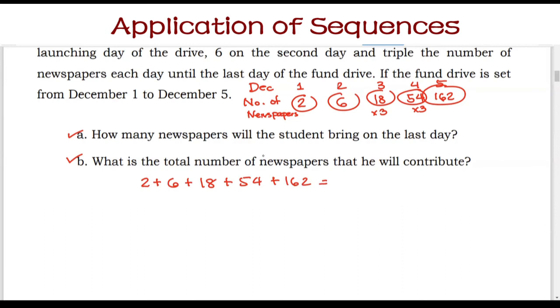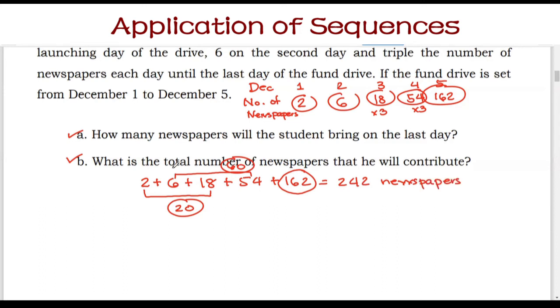So, magpa-partner lang tayo ha. Ito. Anong sagot dito? 20. Dito, 6 plus 54, you will get 60. So, you have 20. This one, 20 plus 60, you get 80. 80 plus 162, what do you get? 242 newspapers.